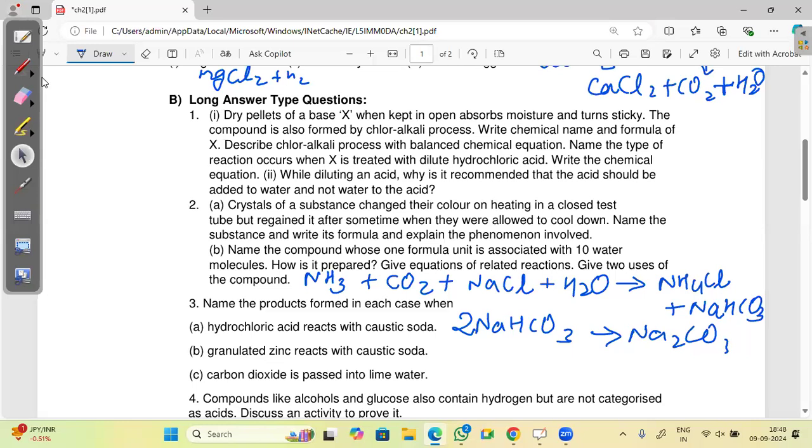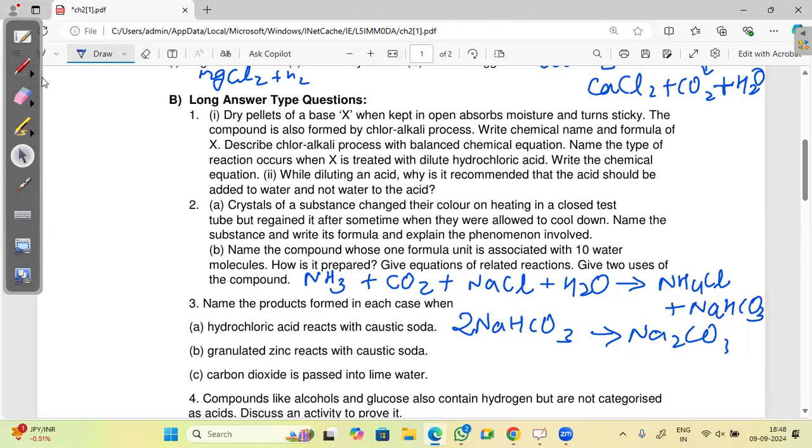That's it. So you got Na2CO3, and the next step is crystallization. So after this, by the crystallization process, you obtain washing soda. So I think now you can do it.